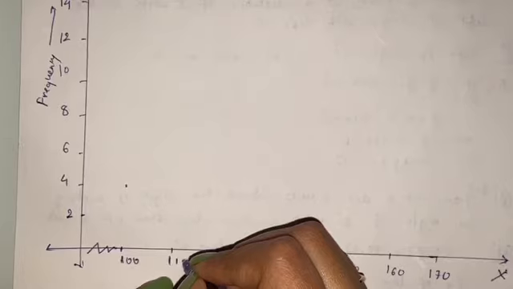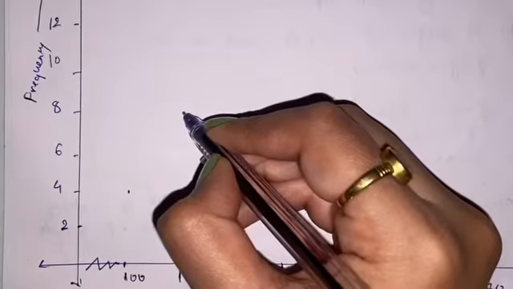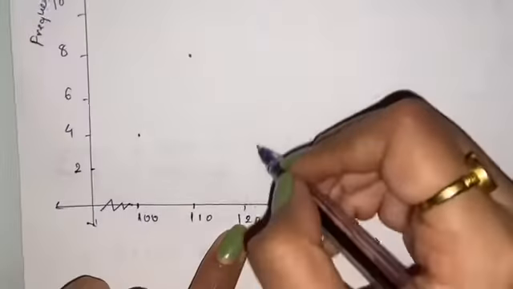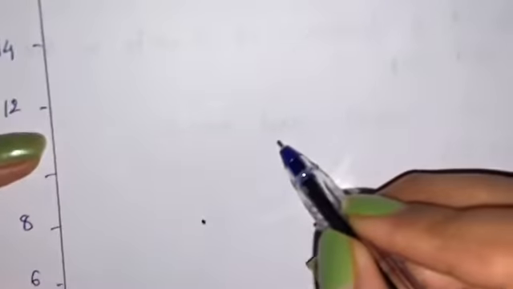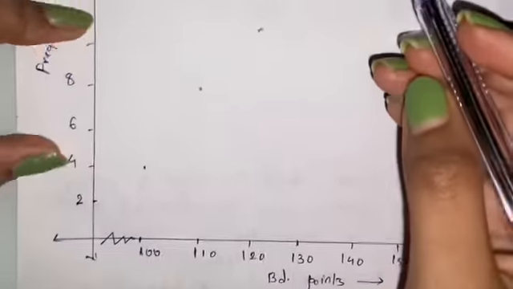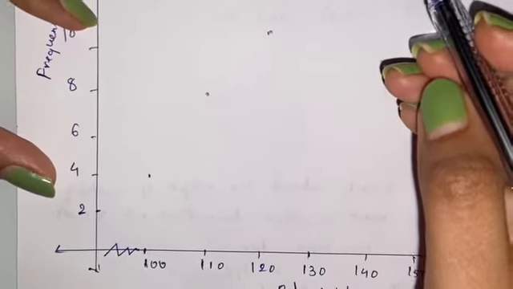Next is 110, it will be 8, so this one. Now 120, it will be 11, so 10 and maybe somewhere here 11, so it will be here somewhere. After that 130, it will be 15.